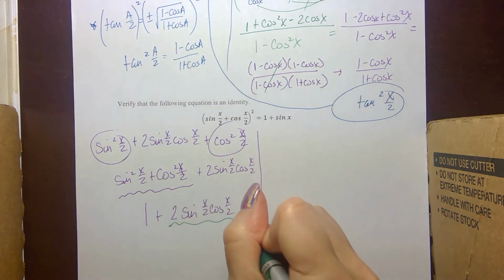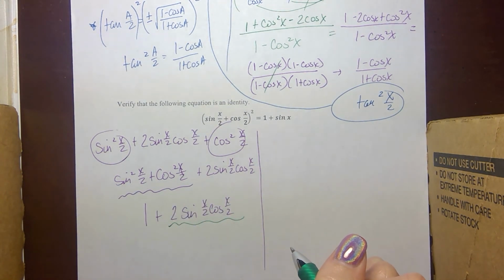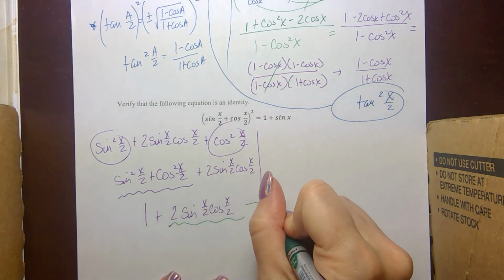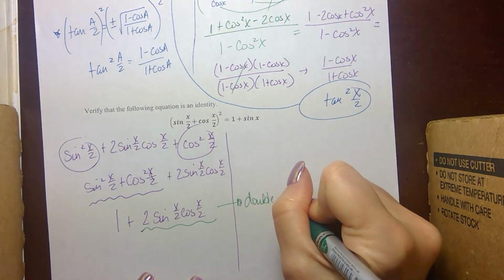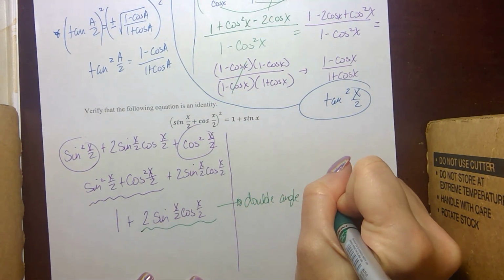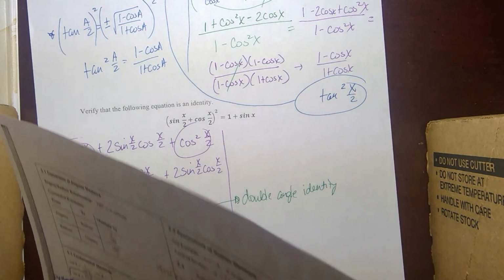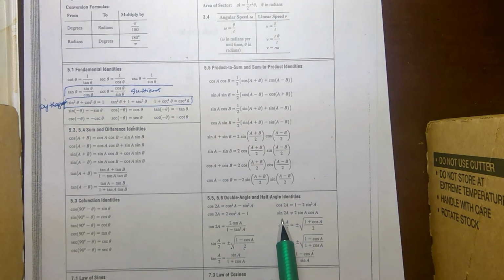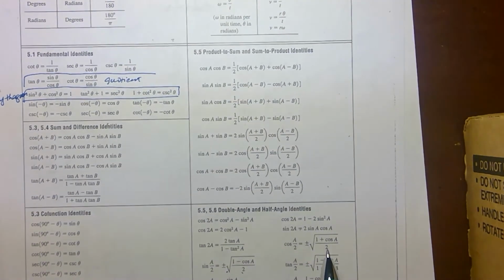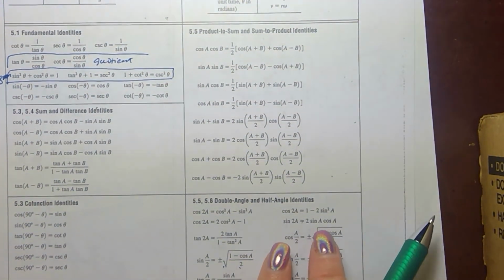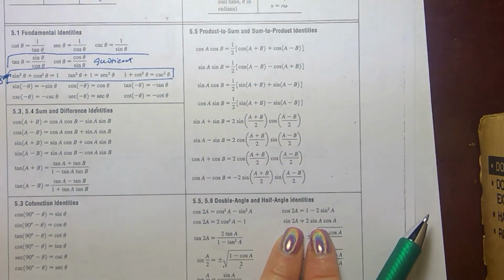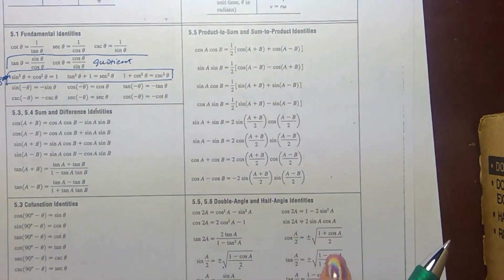Does this remind you of anything? Hopefully, this reminds you of a double angle identity. If I look at my identity sheet, I see that sine of the double angle is 2 sine A cosine A. And remember what I said about comparing the arguments? 2A is twice A. So A, the argument on this right side, is half the double angle.